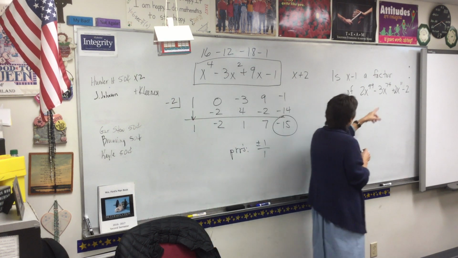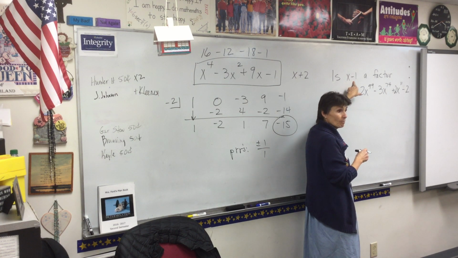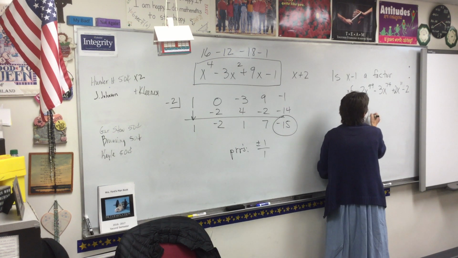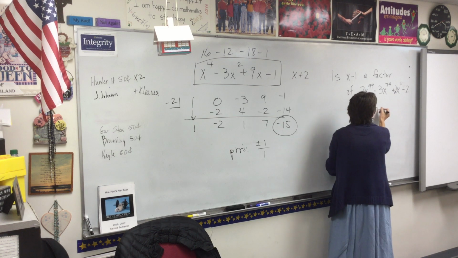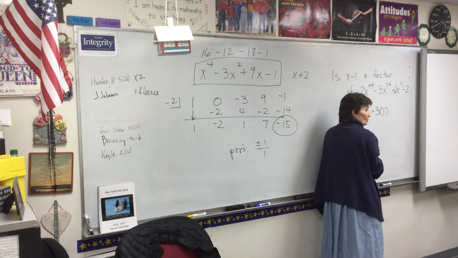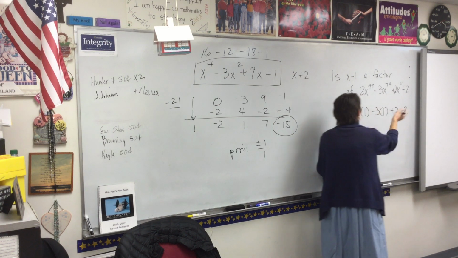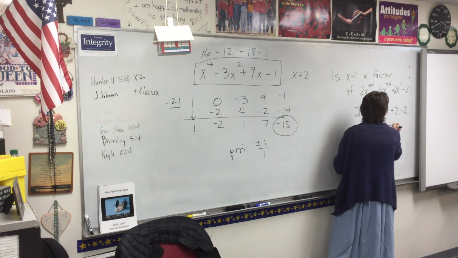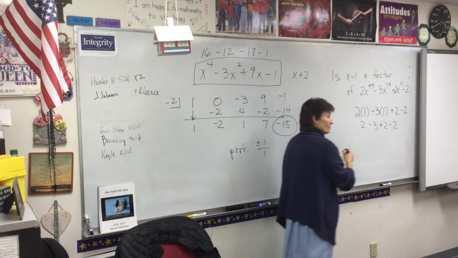So instead of dividing by 1, I will just plug in 1. So 2 times 1 to the 99th is just 1. Minus 3 times 1 to the 74th is just 1. Plus 2 minus 2. What does all that add up to? 2 minus 3 plus 2 minus 2. -1.